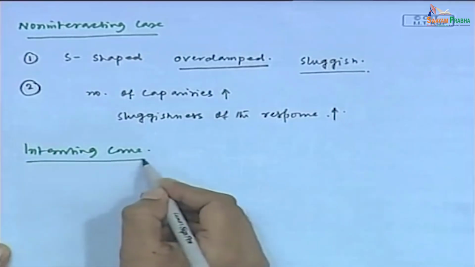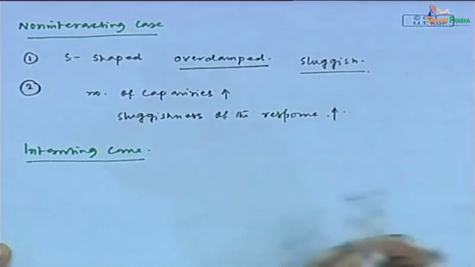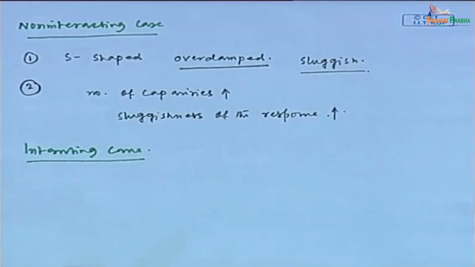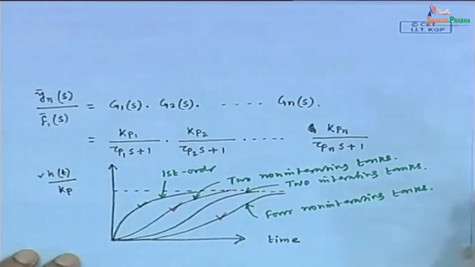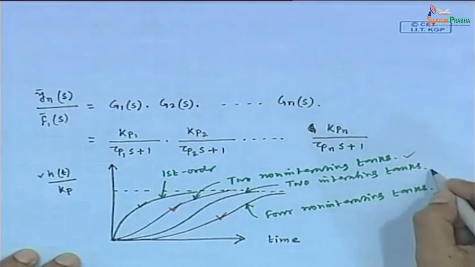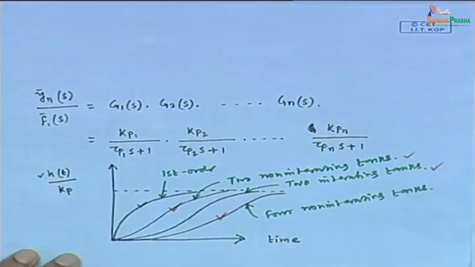Similarly, we can conclude for the interacting case that interaction increases the sluggishness of the response. If you again compare the dynamic behavior of two non-interacting tanks and two interacting tanks, which is providing the slower response?